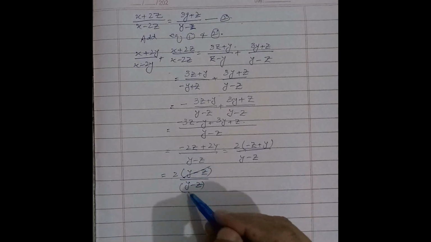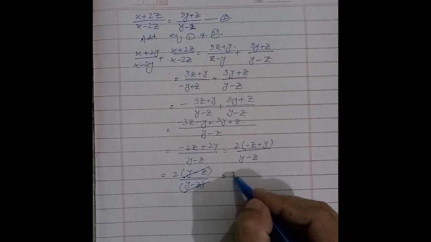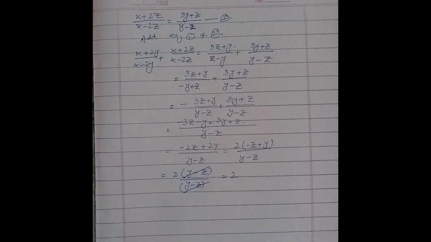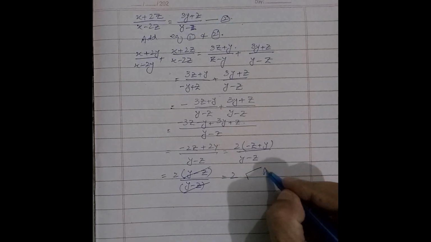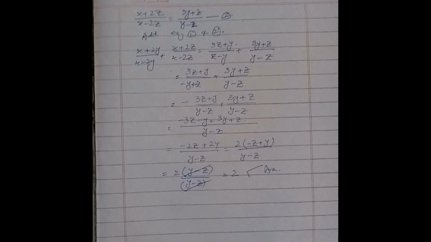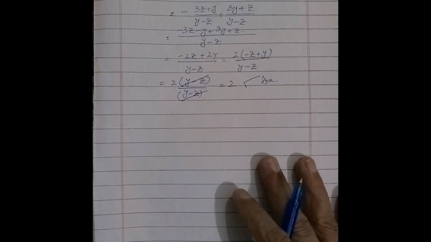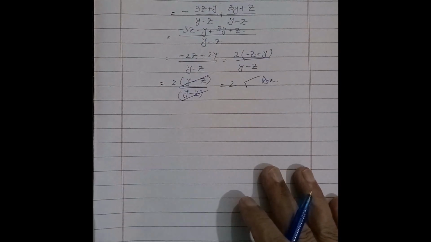Y minus z cancels with y minus z and we get 2. So the value of x plus 2y over x minus 2y plus x plus 2z over x minus 2z is equal to 2. And it is the answer of question 2 part 1.